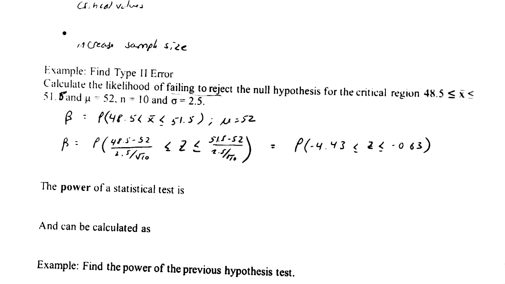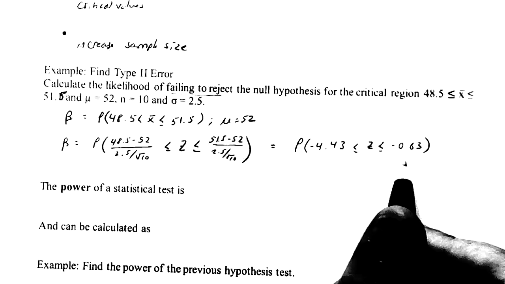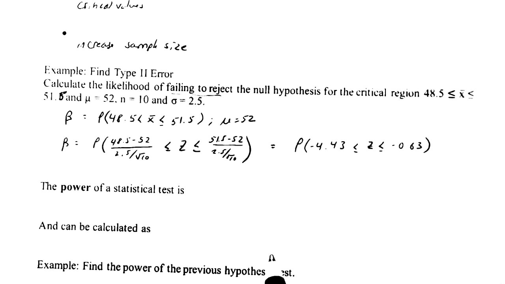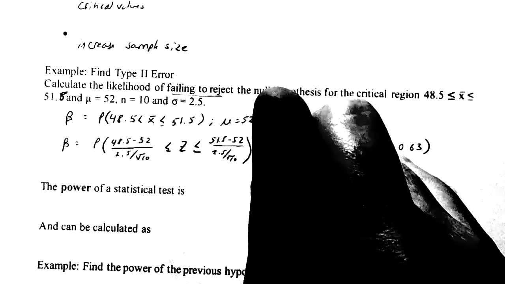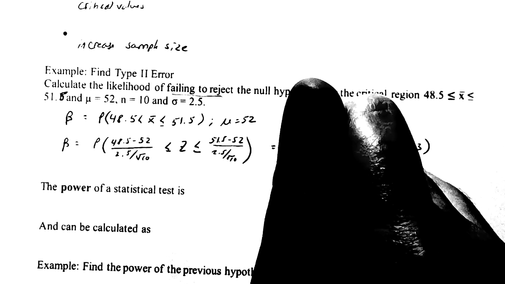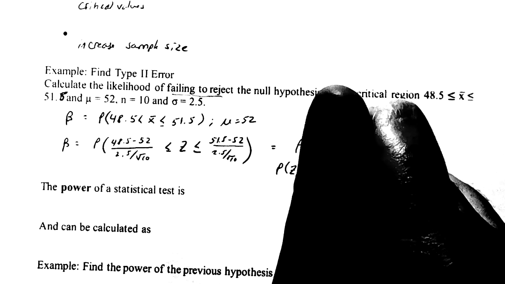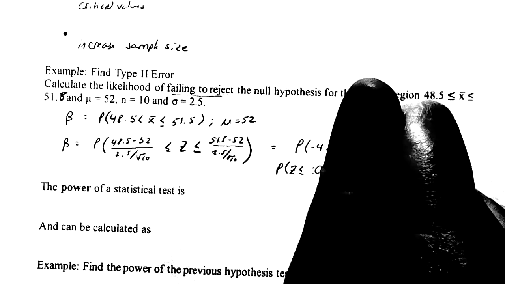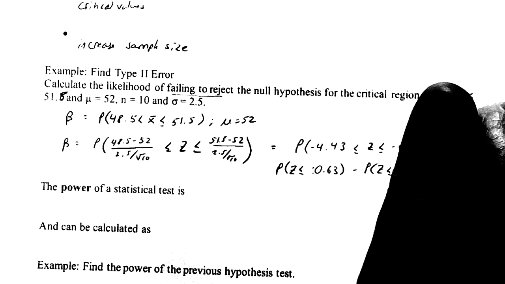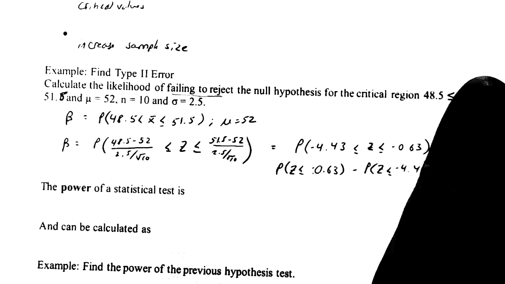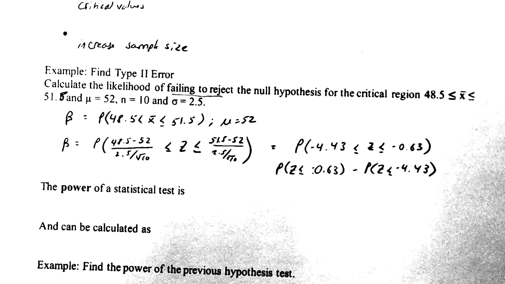And so to do that, we're looking at the area under the curve between those two locations. So we're actually looking at the probability that z is less than or equal to negative 0.63 minus the probability that z is less than or equal to negative 4.43. These we just look up on the table as they are.